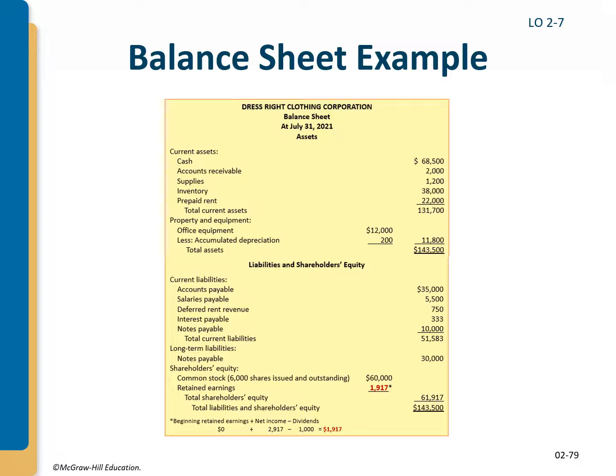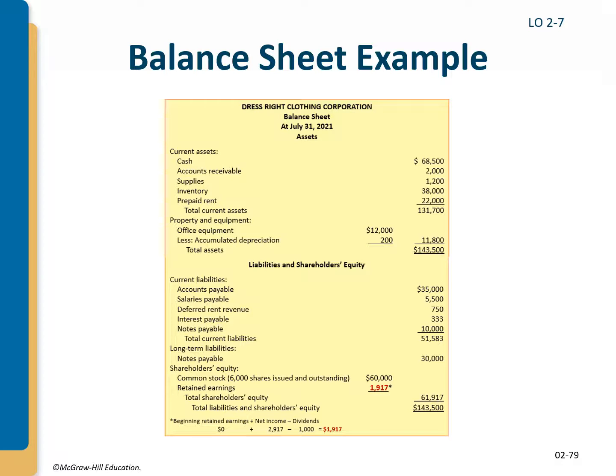So far, this company has expensed $200 of the $12,000 they paid for the office equipment. We report the net, or what we call book value, of the office equipment as the final amount on the balance sheet, $11,800. Add the total current assets to the $11,800. Total assets, notice we double underline.